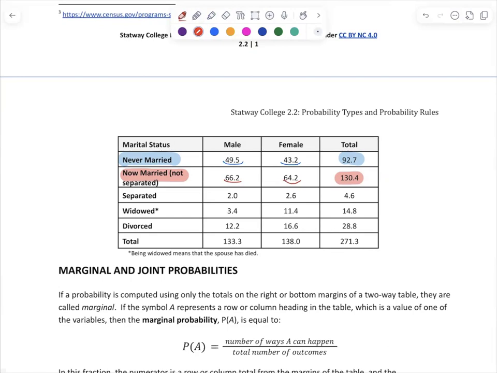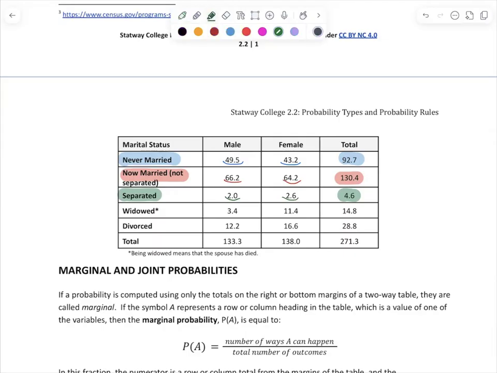Let's take a look at separated. The number of people who are separated in total is 4.6. That is divided up into 2 male and 2.6 female. Remember that these are all in compact version.